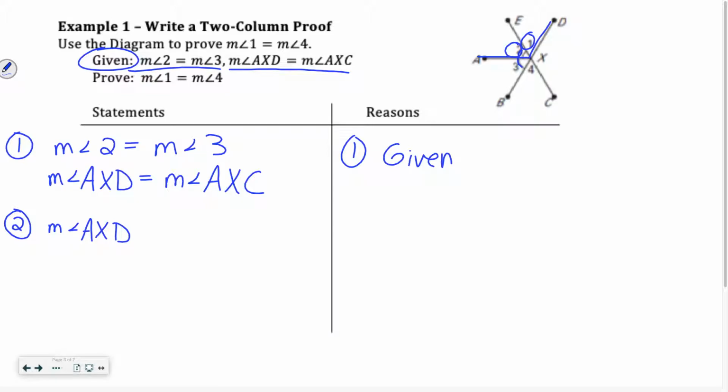So what we're going to say is the measure of angle AXD is equal to the measure of angle 1 plus the measure of angle 2. We're not trying to get right down to the end, angle 1 equals angle 4. We're just trying to say anything we can about AXD. In this same step, we can also say something about AXC.